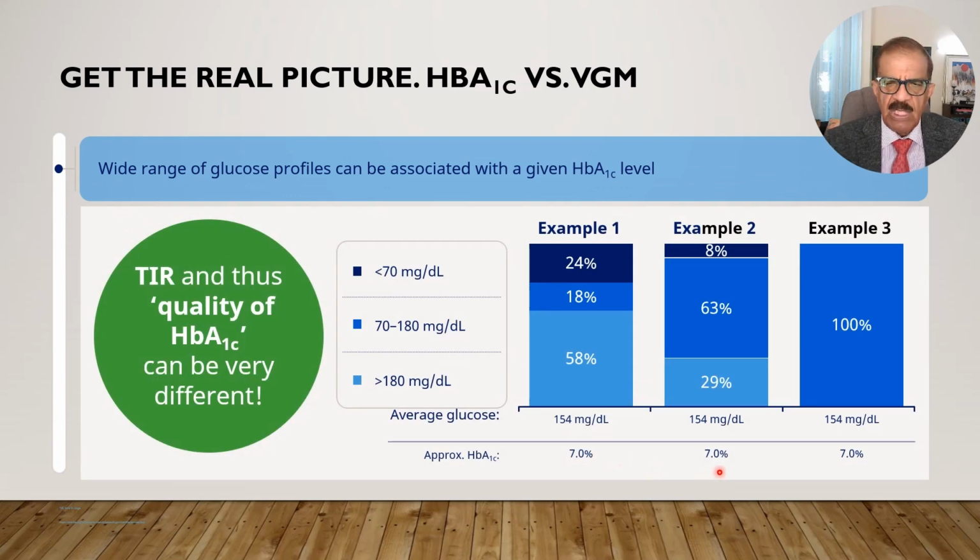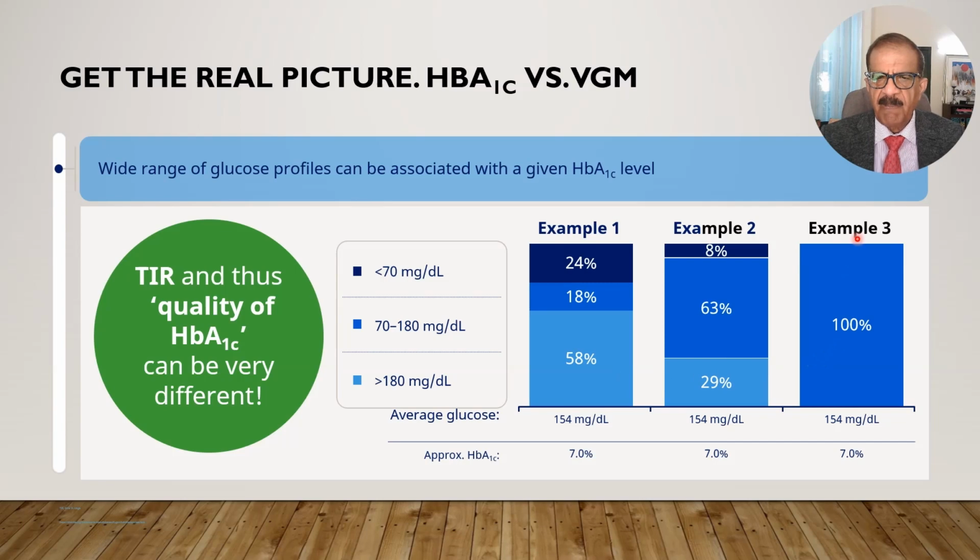These are 3 persons, all with an HbA1c of 7%, and 7% HbA1c gives you an average glucose value of 154. An average of 154 and 7% is not ideal, but is considered acceptable, because controlling diabetes better than this would lead to hypoglycemia. These are the 3 examples.